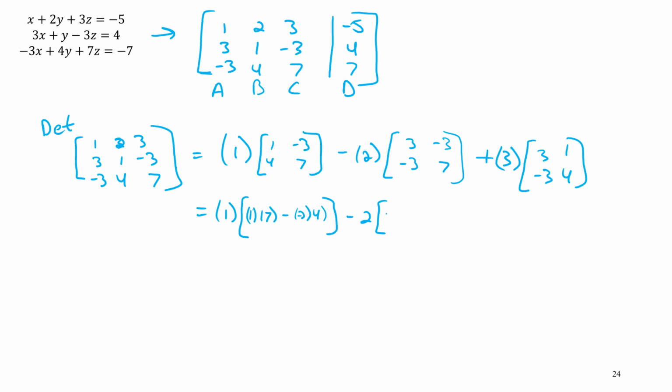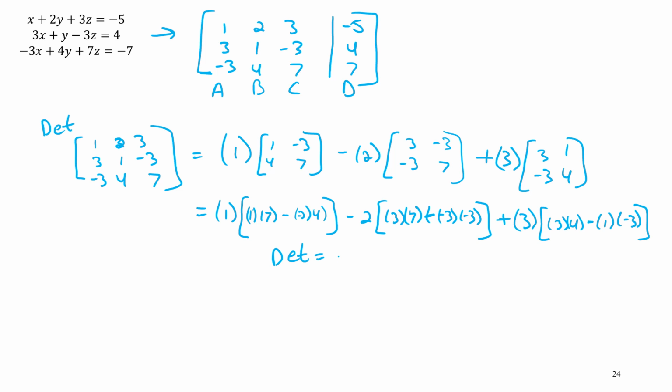Next one, you would get 3 times 7 minus the -3 times -3, plus 3 times 4 minus 1 times negative 3. And that would give you a determinant of, when you do the math, 40.